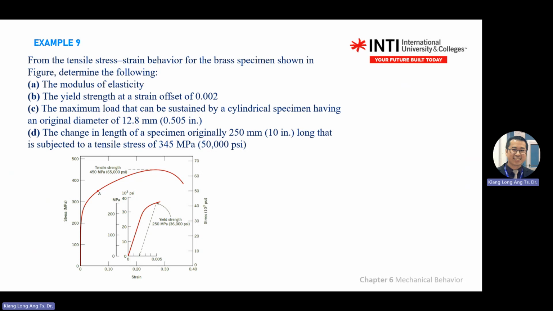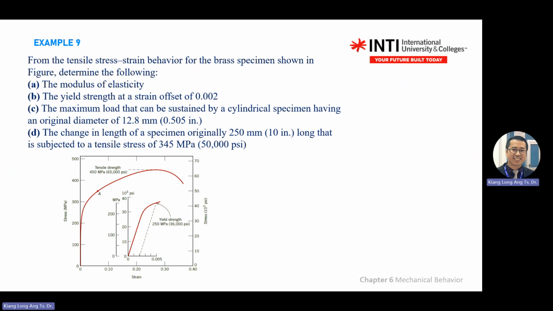You read 200, use a ruler, touch one line on the curve, and extend down to get one value. Let's say I take 200 megapascal just to get a full number.